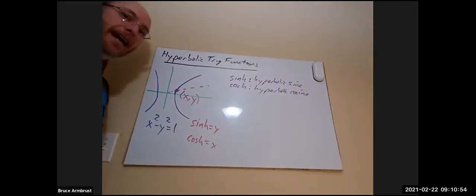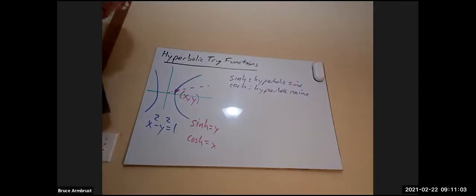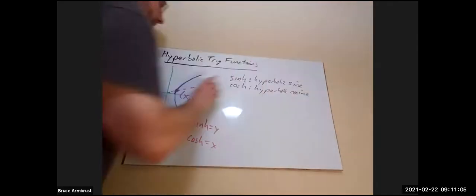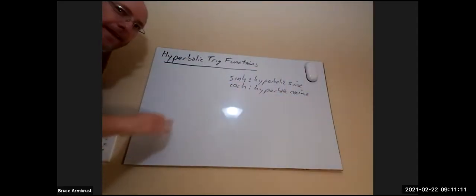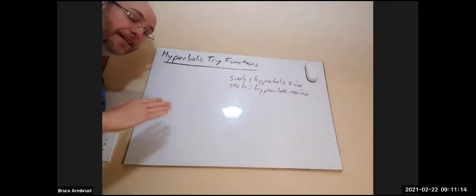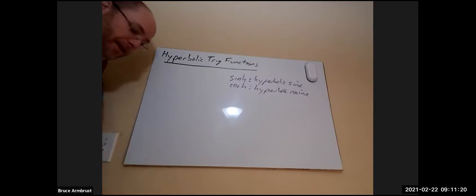We don't say hyperbolic sine. We don't say hyperbolic cosecant because that's just too much. So we actually do have nicknames for all of them. So let me go ahead and show those to you. Oh, and by the way, the whole hyperbola thing, don't worry about that. It doesn't matter for what we're going to be doing. It matters very much for how they get defined, but beyond that, don't worry about it.